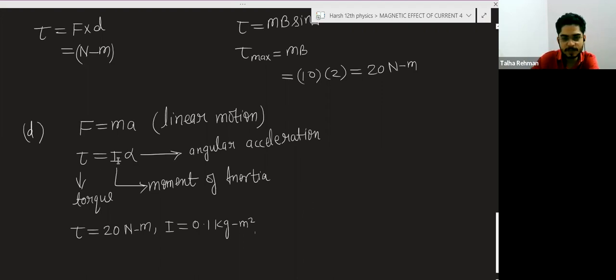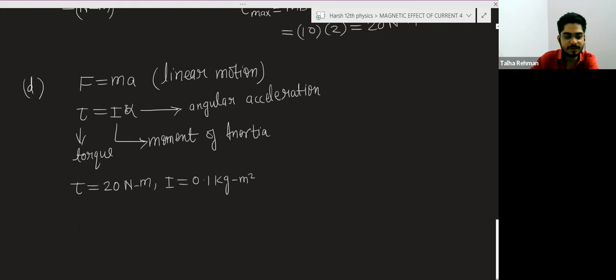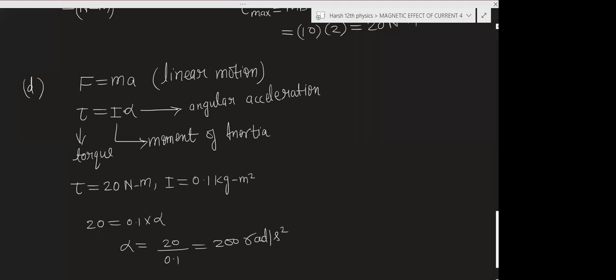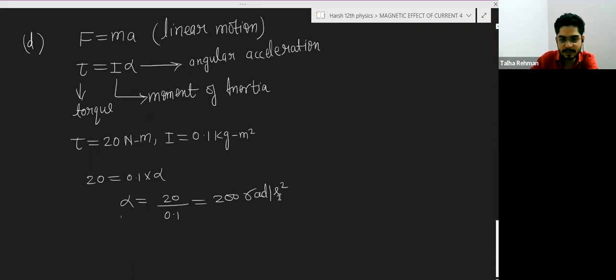With the help of this formula, we can find alpha first. Torque is equal to I alpha, so 20 is 0.1 into alpha. So alpha is equal to 20 divided by 0.1, which becomes 200 radian per second square. The unit of angular acceleration is radian per second square.